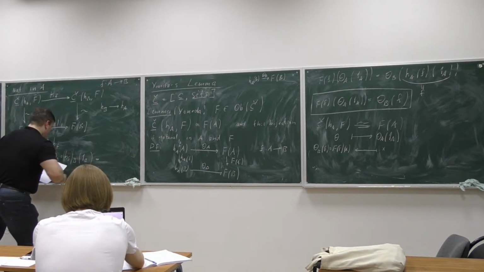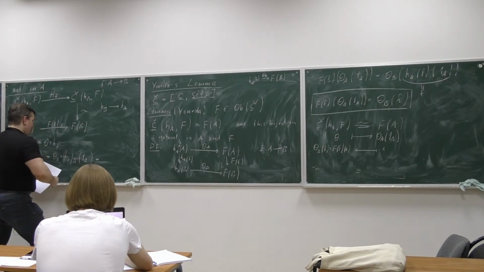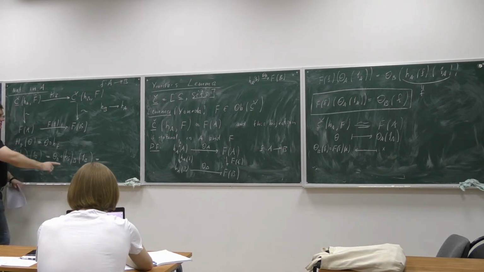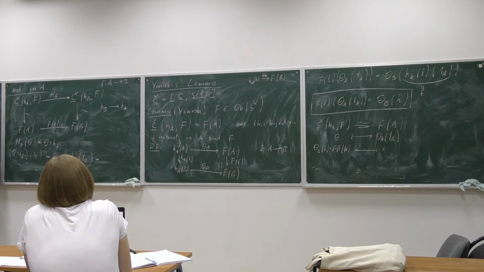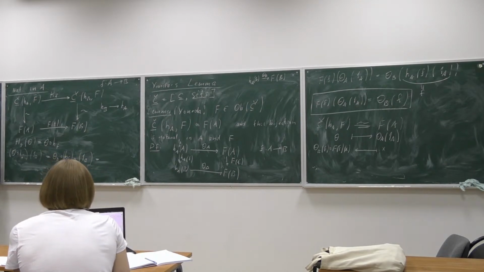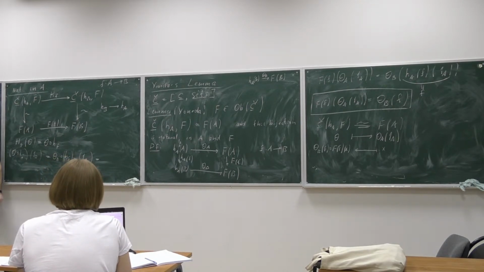So, can we do this computation maybe one more time? What would happen with 1B if I apply HF to this element? Yeah.